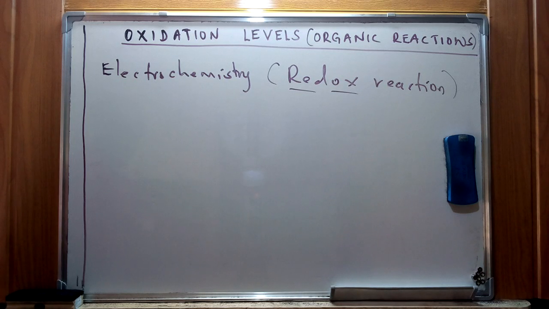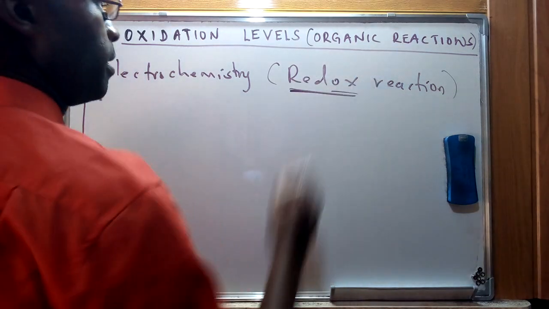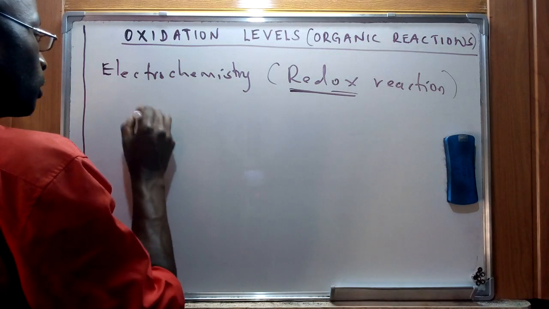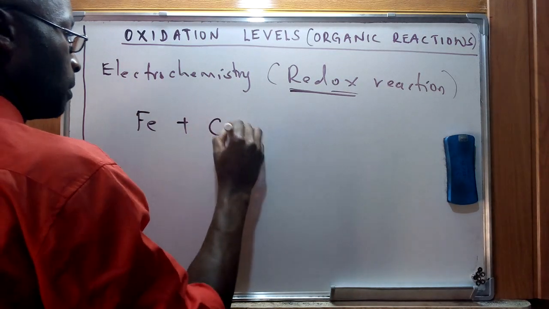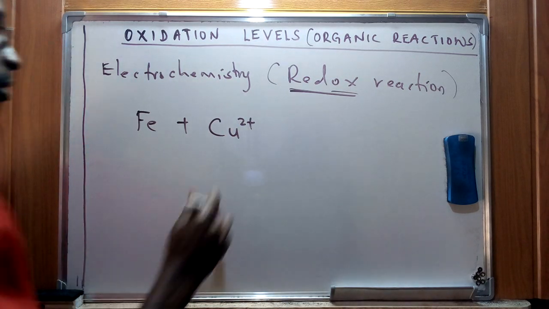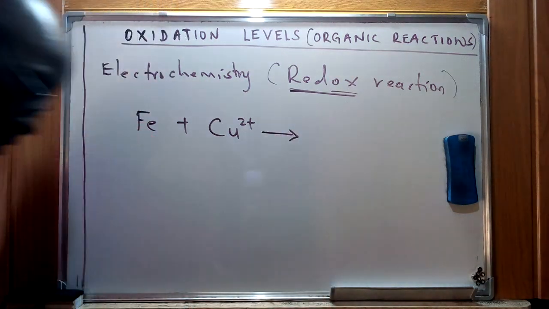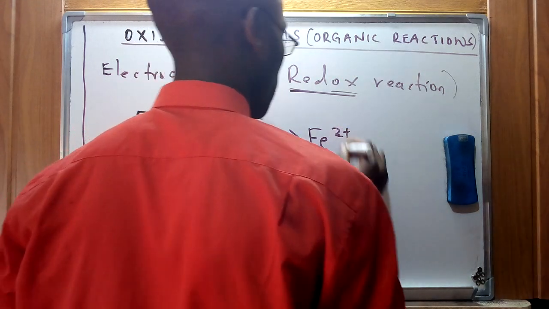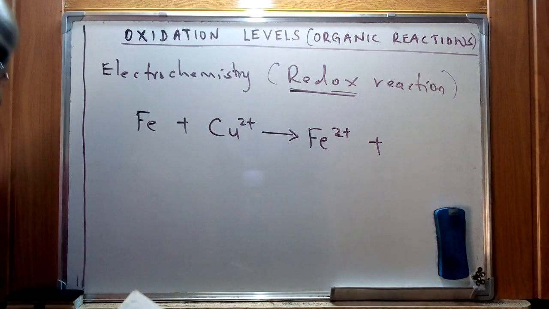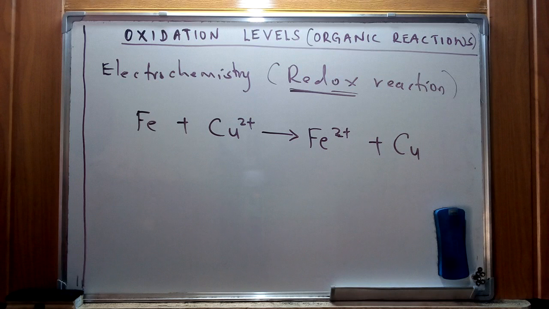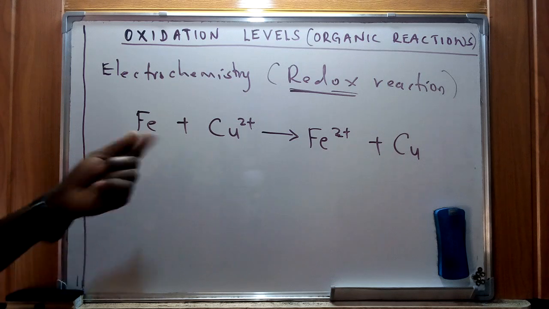Now suppose I have a redox reaction, whereby iron is going to react with copper ions to form iron ions, a charged particle, plus the element copper. This is a displacement reaction, but the overall reaction is a redox reaction, which means that it entails reduction and oxidation.